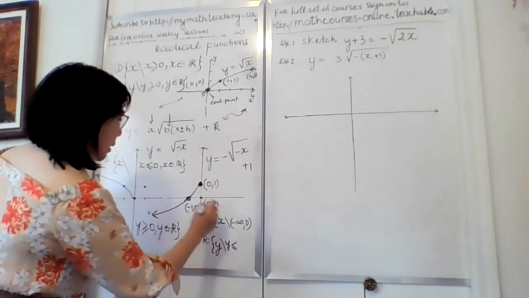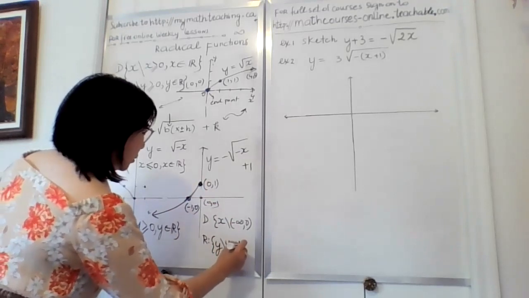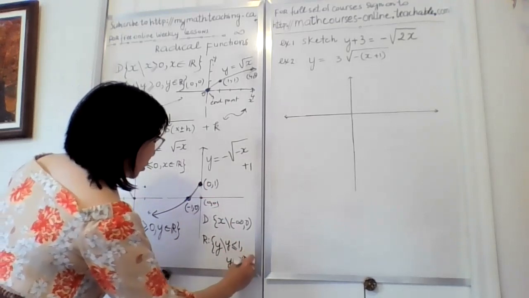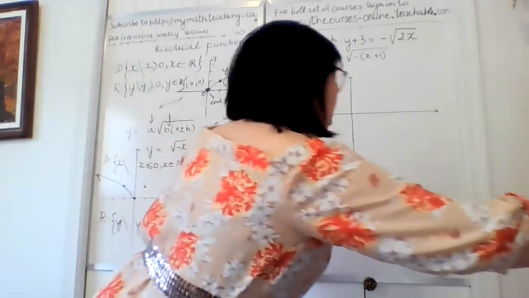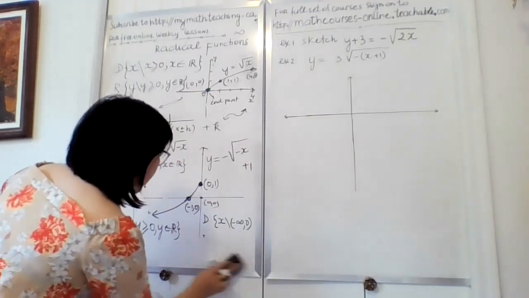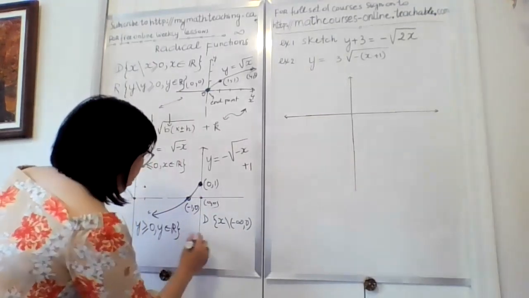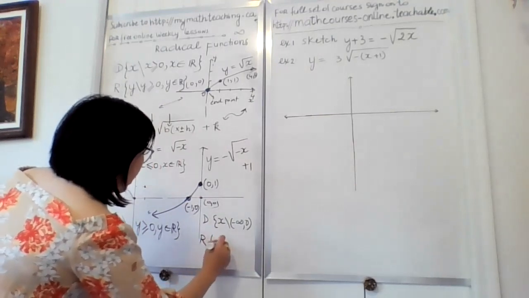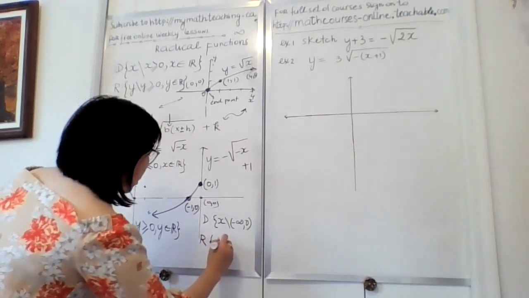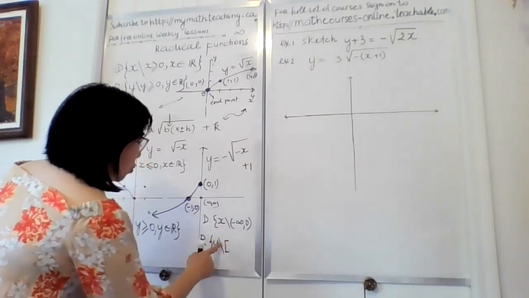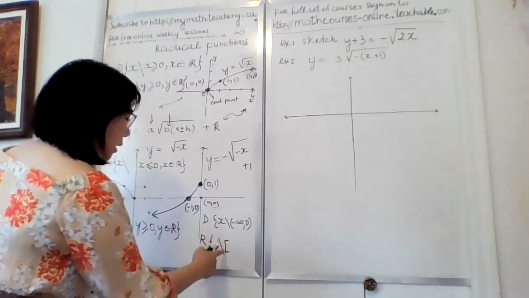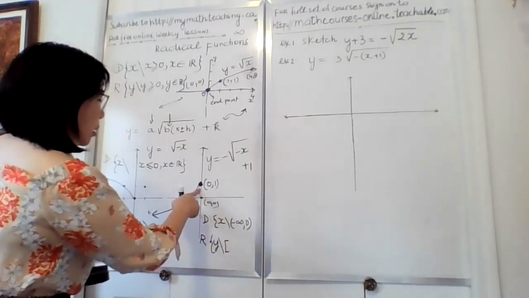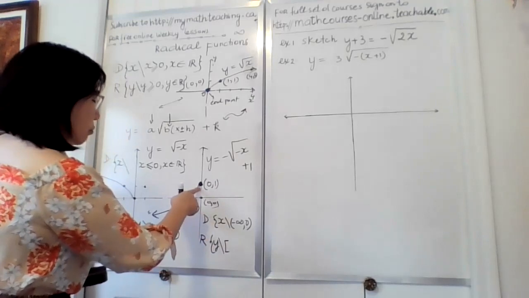And y belongs to the real numbers. You can also state it using this notation: a set of y such that y is in a square bracket, because we include this value.